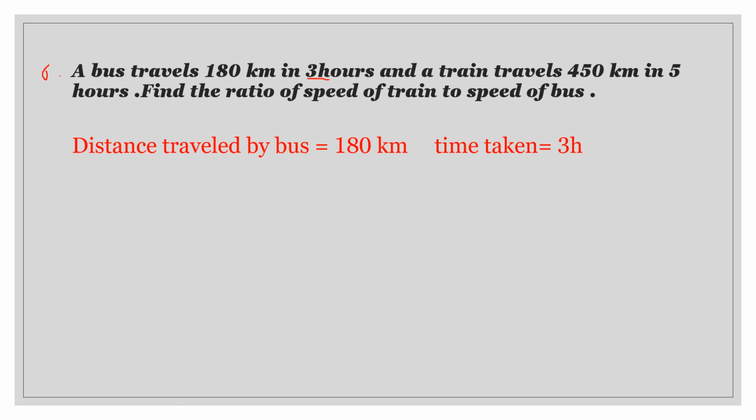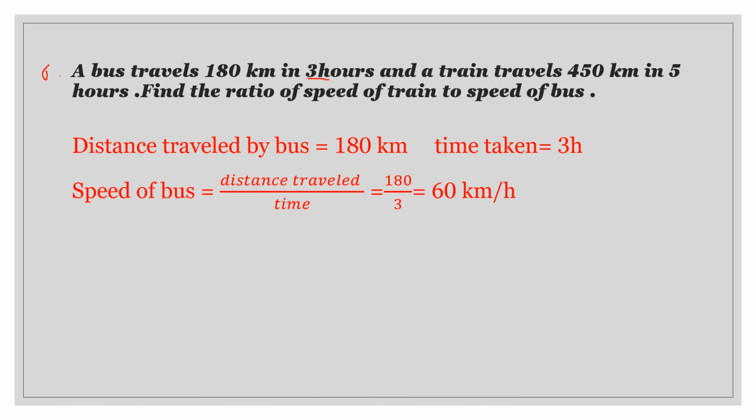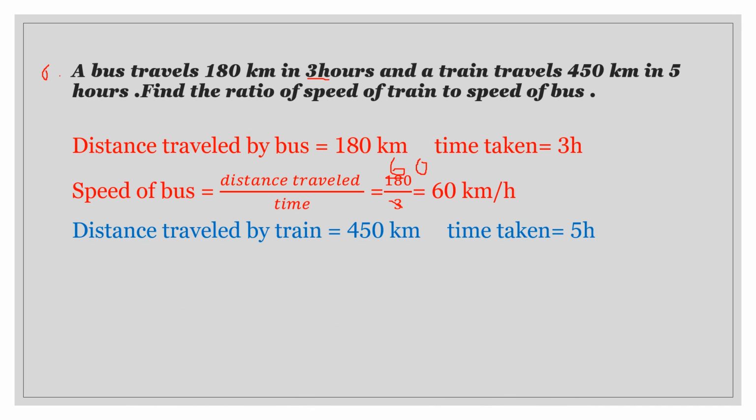So how do you find speed when distance and time are given? We divide distance by time to get speed. Speed is equal to distance traveled by time. So it is 180 by 3, and when I cancel it, 3 ones are 3, 3 sixes are 18, and 3 zeros are 0. So 60 km per hour. So what is the speed of the bus? 60 km per hour. Distance traveled by train is 450 km in 5 hours.